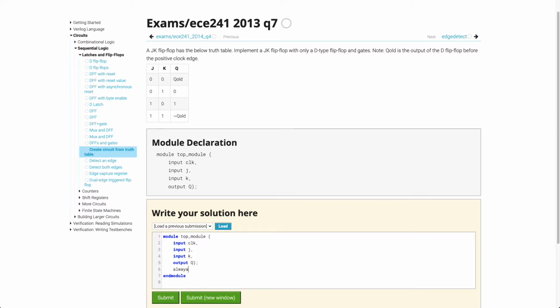Well, something we know is if we have to do this in D flip-flops, it's always going to be underneath a clock domain.